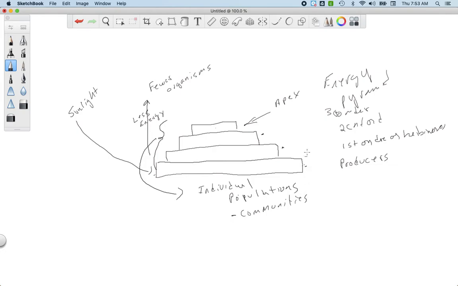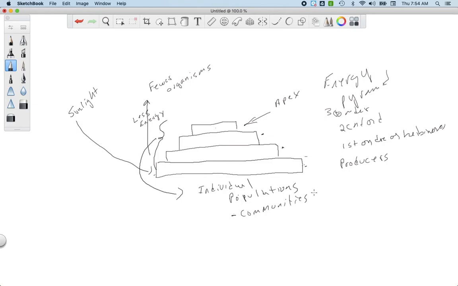So we have a community in this case that, as I just described, was made up of Kentucky bluegrass, grasshoppers, sparrows, and hawks. Those are all the living things in the ecosystem.